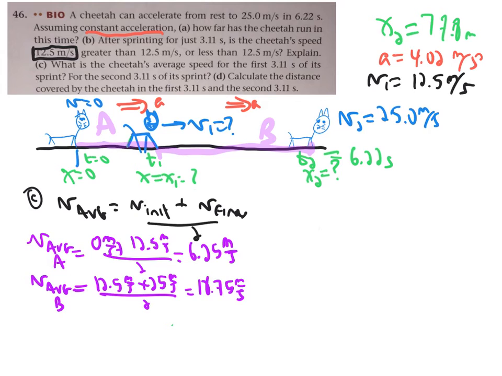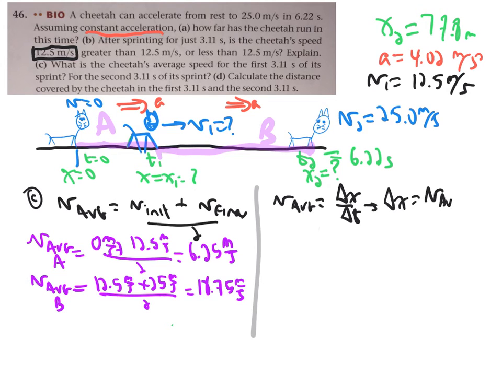This allows us to do part D, which says find the distances during each of those intervals. We can actually find them in lots of ways, but probably the most straightforward way to do it is to say that V average is also delta x over delta t, so that we can say delta x during any trip is the average value during that trip of the velocity times the time.